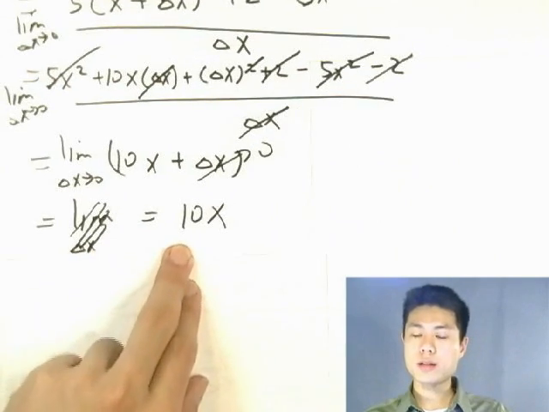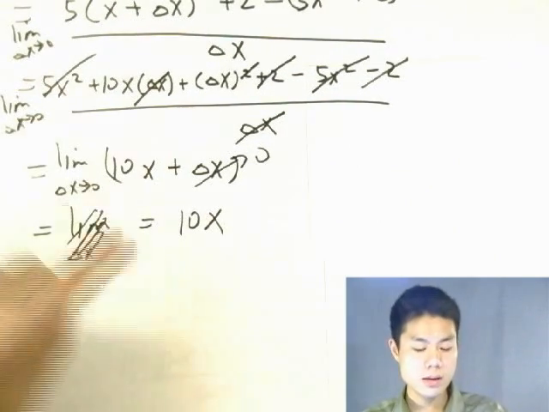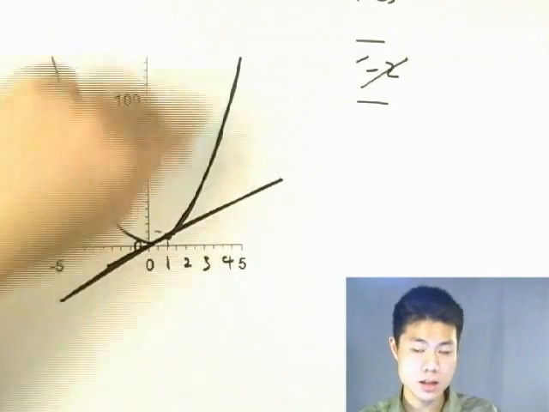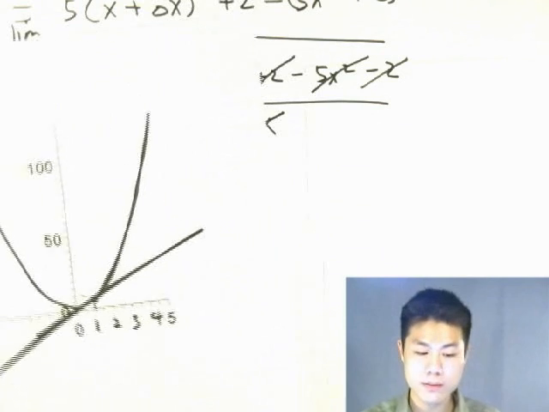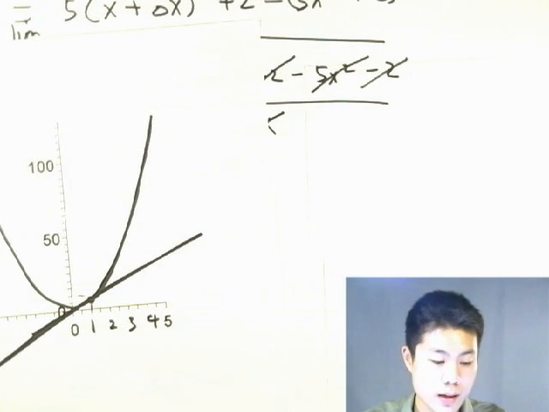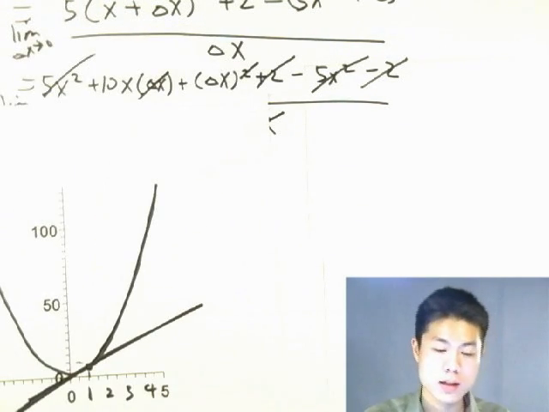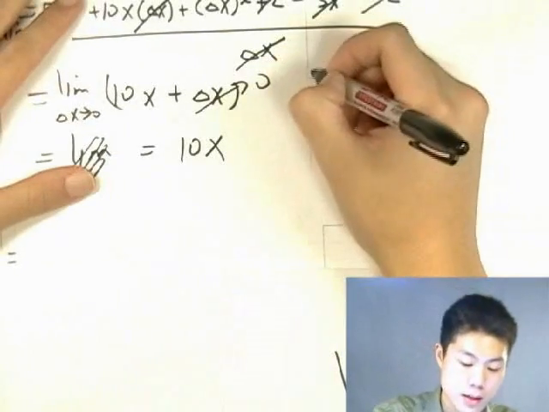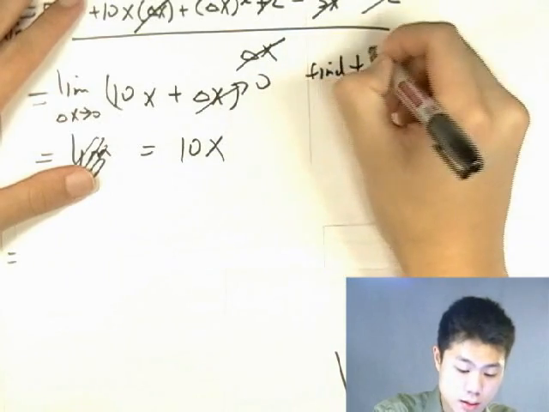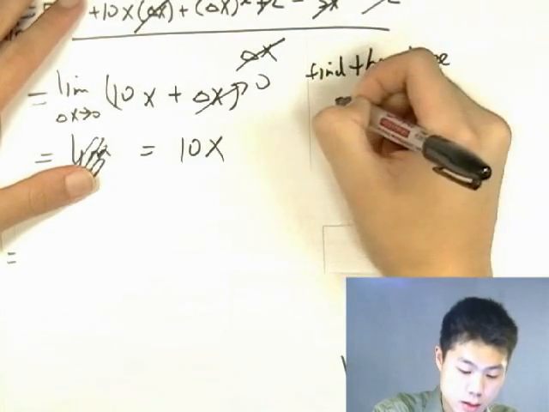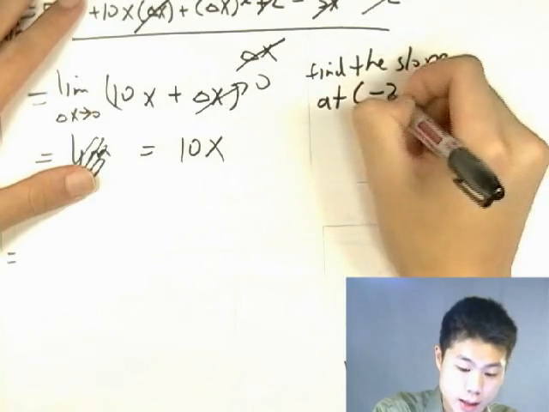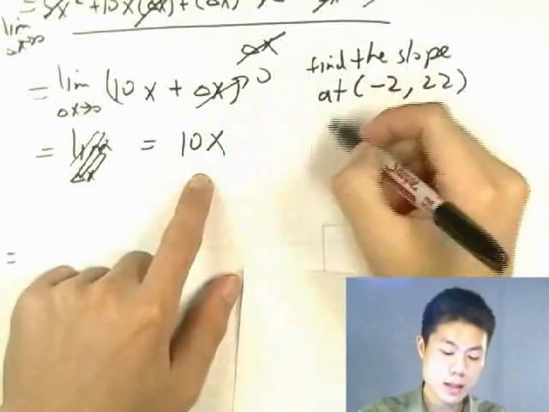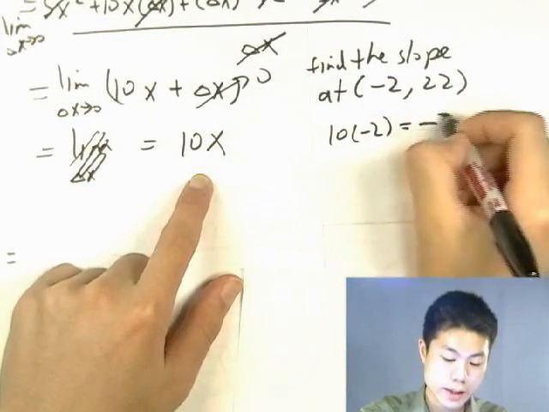So we have a slope formula. This formula tells us the slope of every point on this curve. If I wanted to find the slope of the curve at -2, 22, all I would have to do is plug it in. 10 times -2 equals -20.